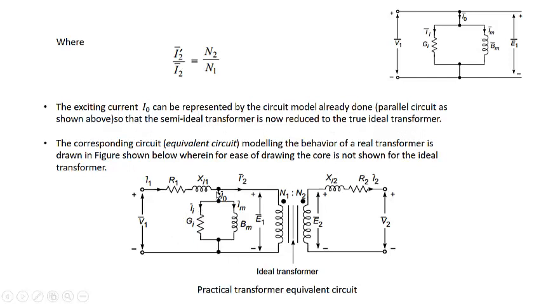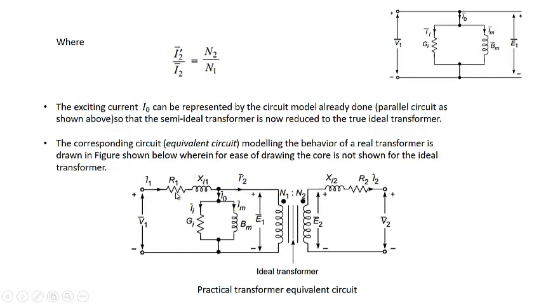Now you can see this is on the primary side. Primary side has the two current components. One is I1 and there is I2. Where in series we have connected R1 and X1, because you will see that voltage E1 is actually responsible for these two current components. Here we have a voltage E1 that will be produced over here, because here we have assumed that R and X are 0, but here we are taking them into consideration.